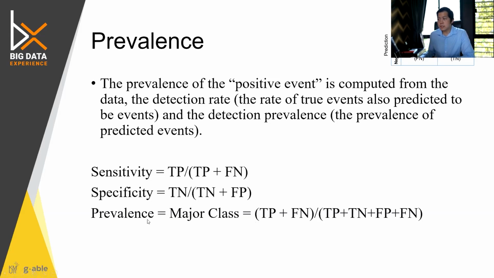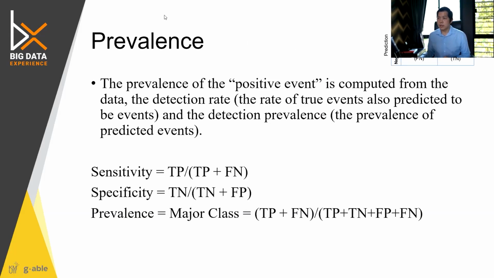Prevalence is the positive event. Because the word pre indicates something that occurred earlier, think about it as the chance to detect, the probability that you would detect correctly. So this comes from the measured class. Prevalence is just the proportion of the measured class compared to the rest. So it's like the no information rate there.